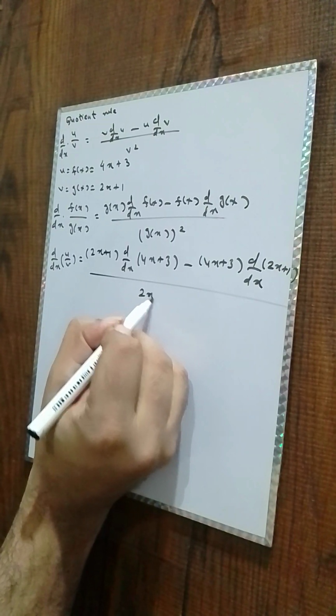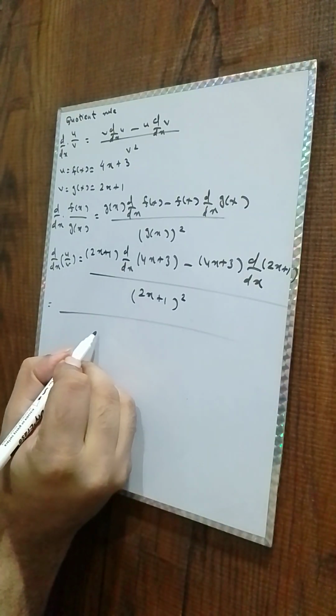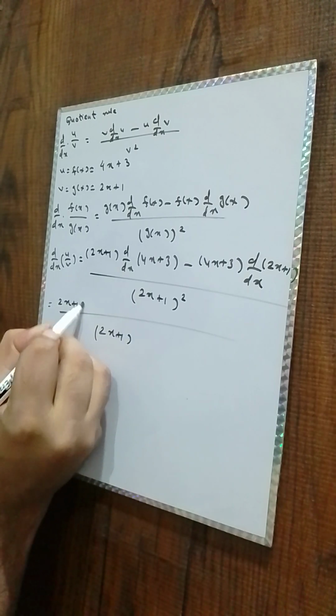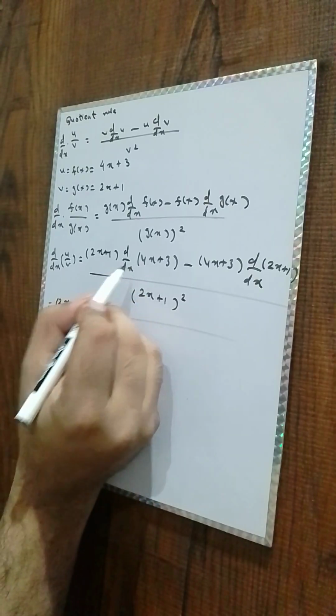In the denominator we have 2x plus 1 whole square. We don't expand the square for now, we see what happens.